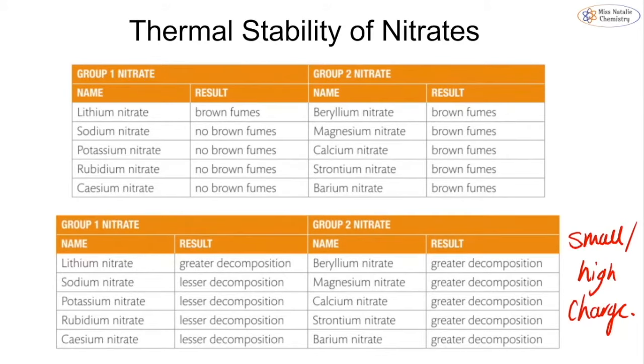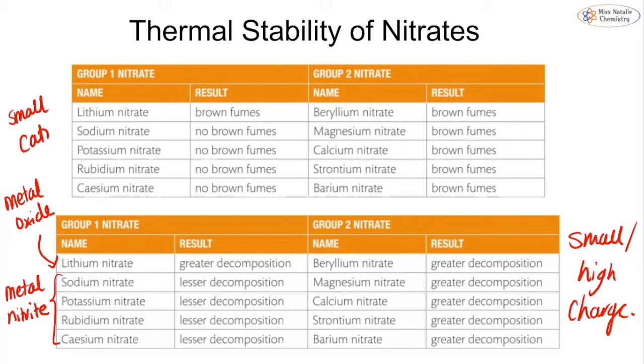So from sodium down to cesium, these ones are going to form the metal nitrite as opposed to the metal oxide, whereas lithium is going to make the metal oxide. And we see the formation of oxygen and nitrogen dioxide as well. So we see these brown fumes, and that is because it's not to do with the charge this time, because they are all, of course, charged the same, but it is because the lithium has such a small size.